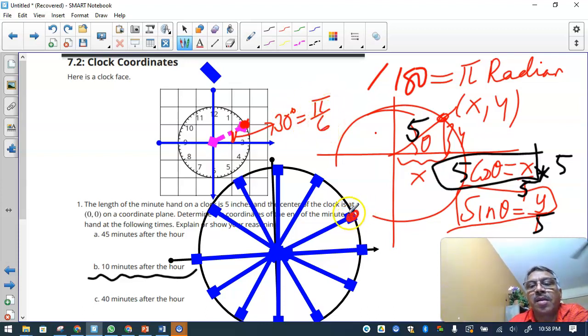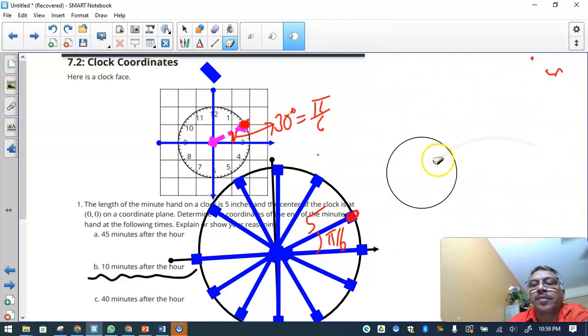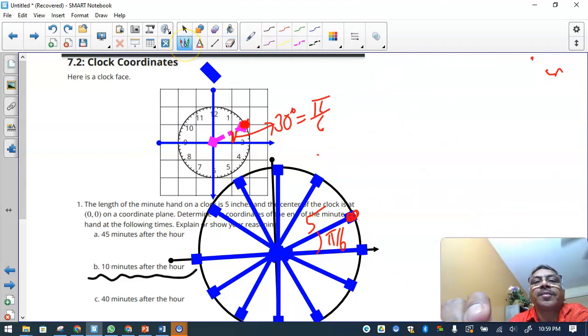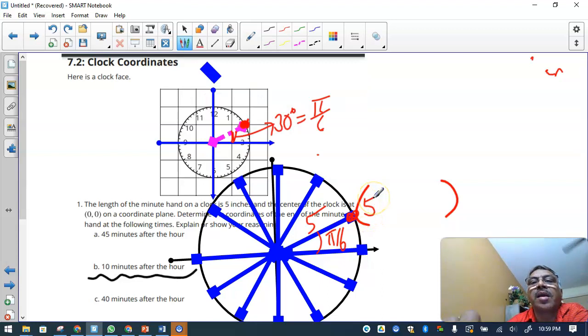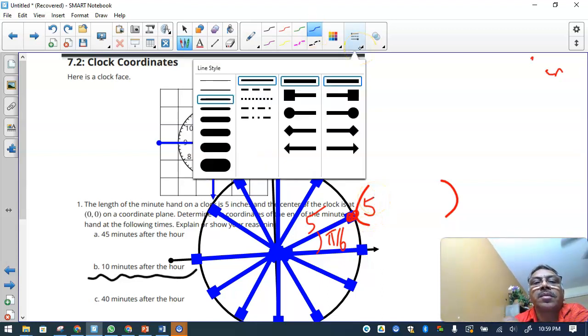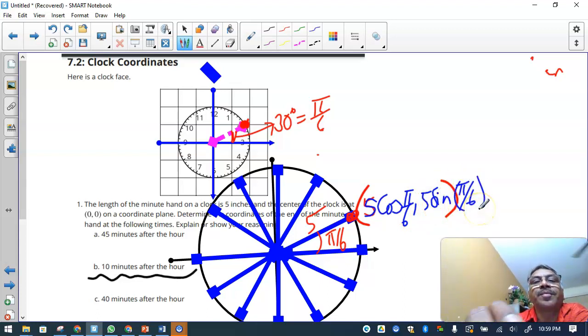So your answer becomes, because it is 5, the coordinates of that will be 5 cosine of pi by 6 and 5 sine of pi by 6, and you're done.